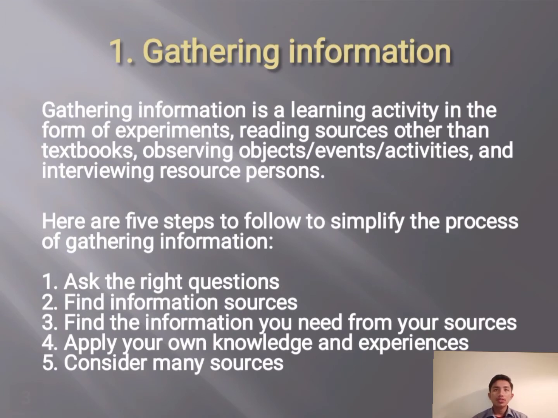Gathering information is learning activity in the form of experiments, reading sources other than textbook, observing objects or events or activities, and interviewing resource person. Critical thinking starts with gathering information.